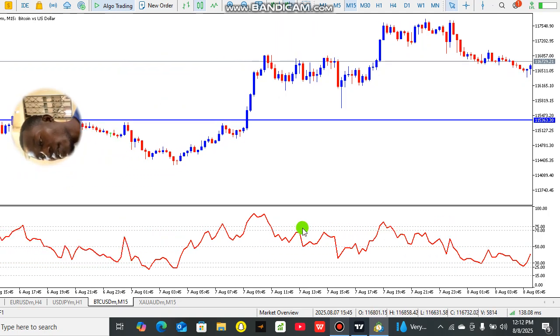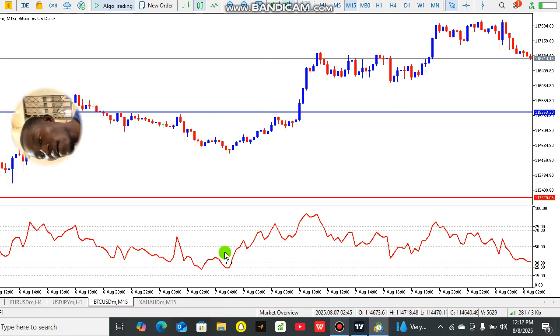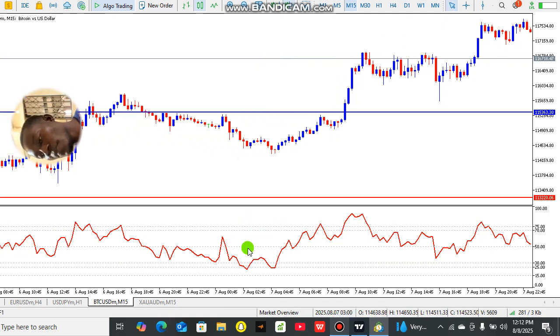So when you check it closely, you could see that anytime the market goes below the 30%, especially at the 15%, the market starts buying, and it buys strongly to the upside. Okay, so that is how we use the RSI to make our decision.